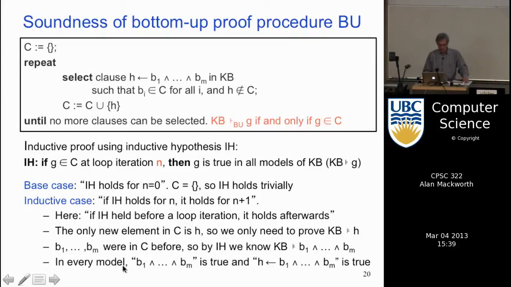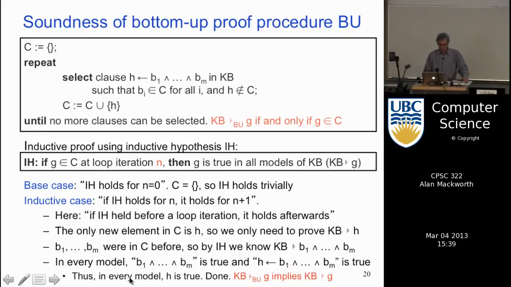In every model, this body is true, and the rule is true, because that's the definition of a model. Thus, in every model, H is true, because we know this is true, and this is true. The only way for the rule to be true, if the body is true, is for the head to be true. It's the truth table for implication. Therefore, in every model, H is true.